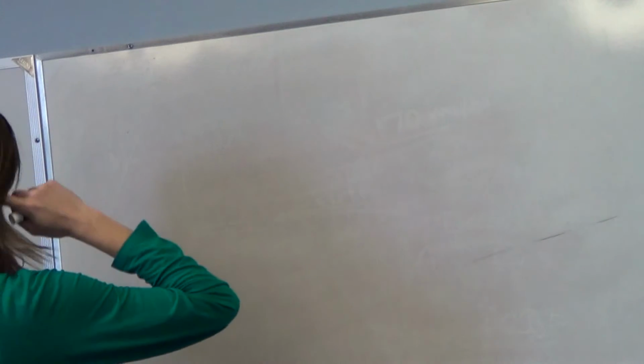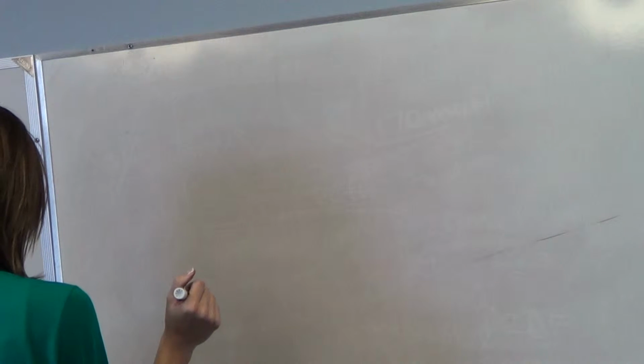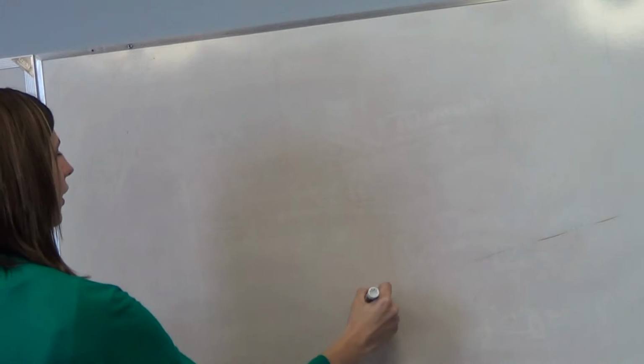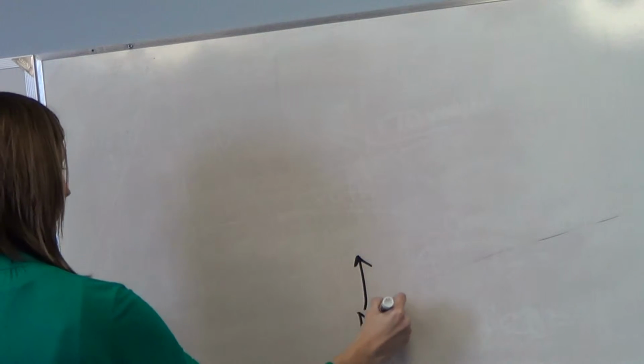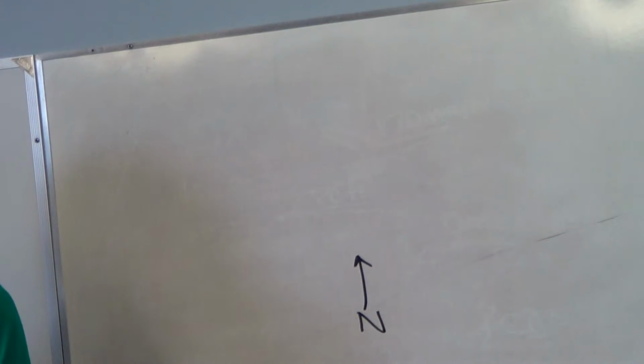Okay, pilot of a plane flying due north is notified that there's a second plane flying south. The southward bound plane is 102 degrees from her own plane. Okay, so here's the northbound plane, 102 degrees away.